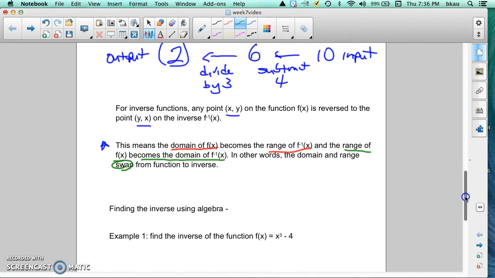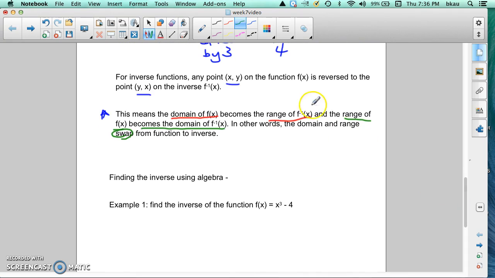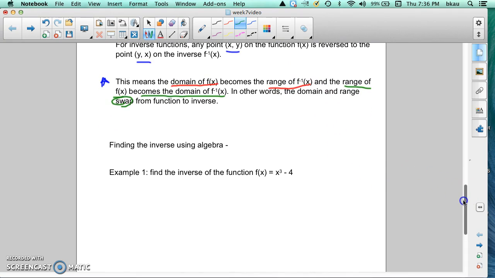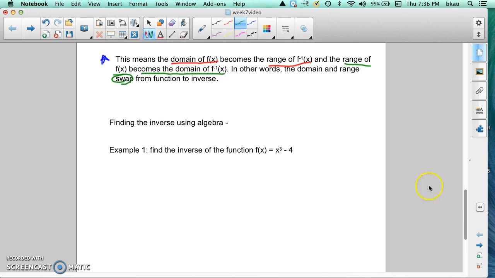All right, so here's how we're going to do that since we're swapping. We're going to use that method to help us do this algebraically.